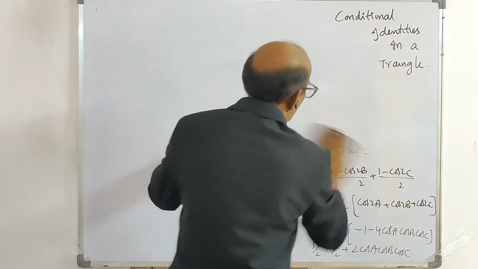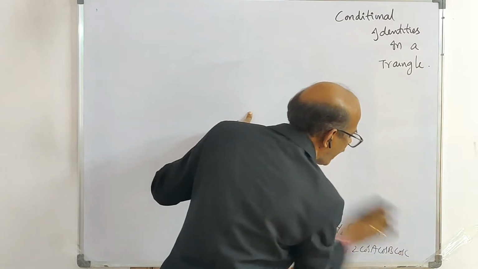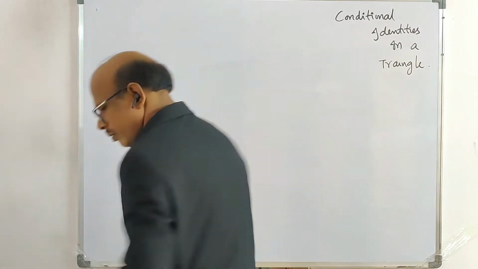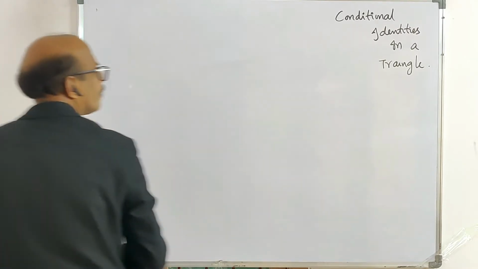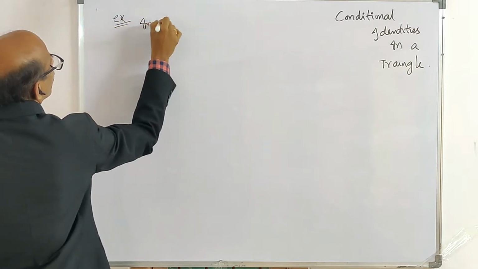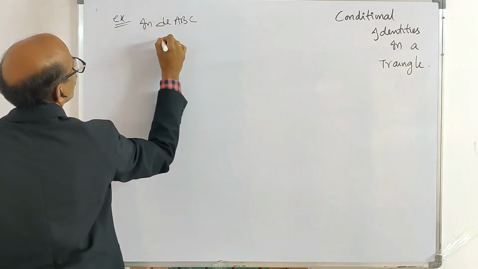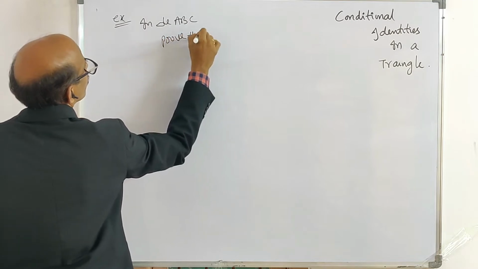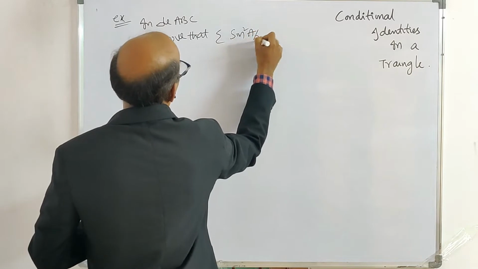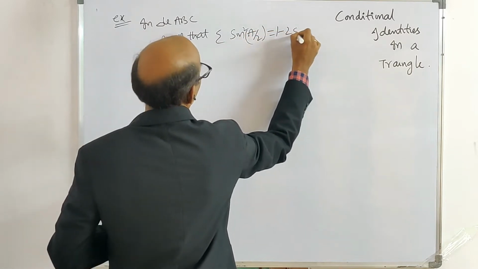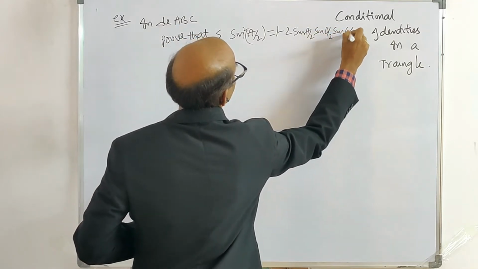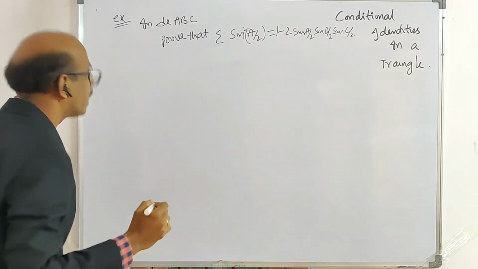So, one more example based on conditional identities in a triangle. Please note down a new question here. Another example: in triangle ABC, prove that sigma sin square A by 2 equals 1 minus 2 sin A by 2 sin B by 2 sin C by 2 is our target.